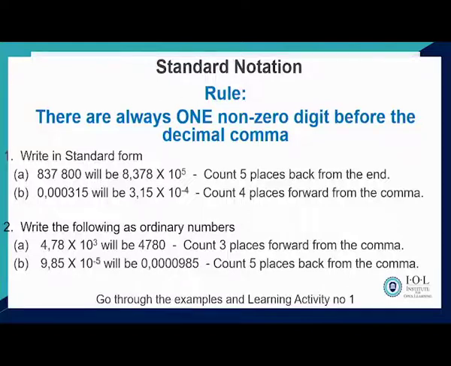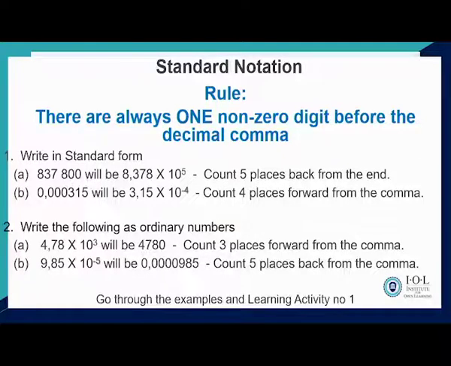But how many places did I move back? 5 places. So then times 10 to the 5 to keep the value of your answer the same. If you key this in your calculator, 8.378 times 10 to the 5, you'll get the original answer again. Always test yourself.